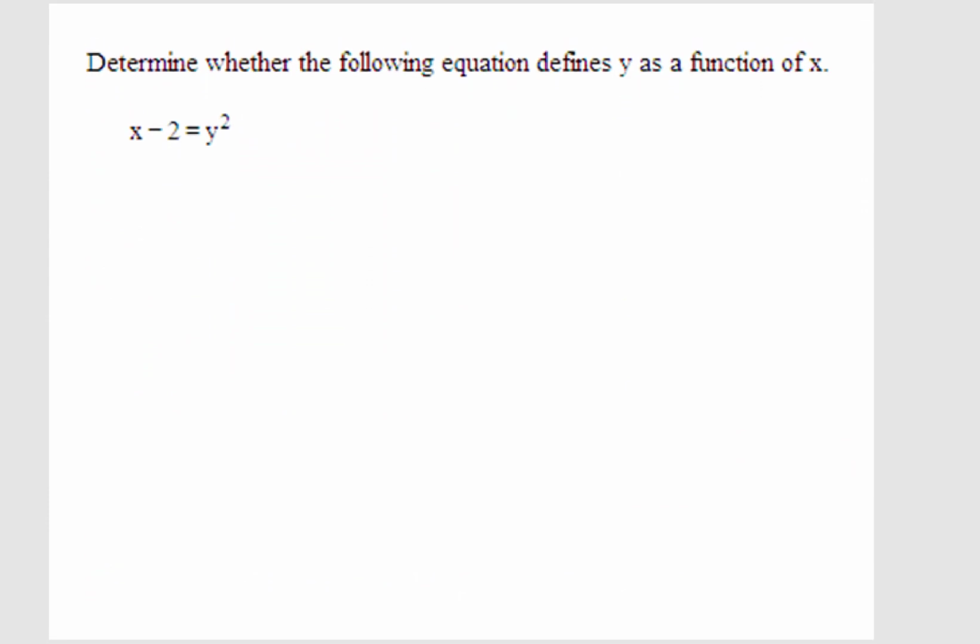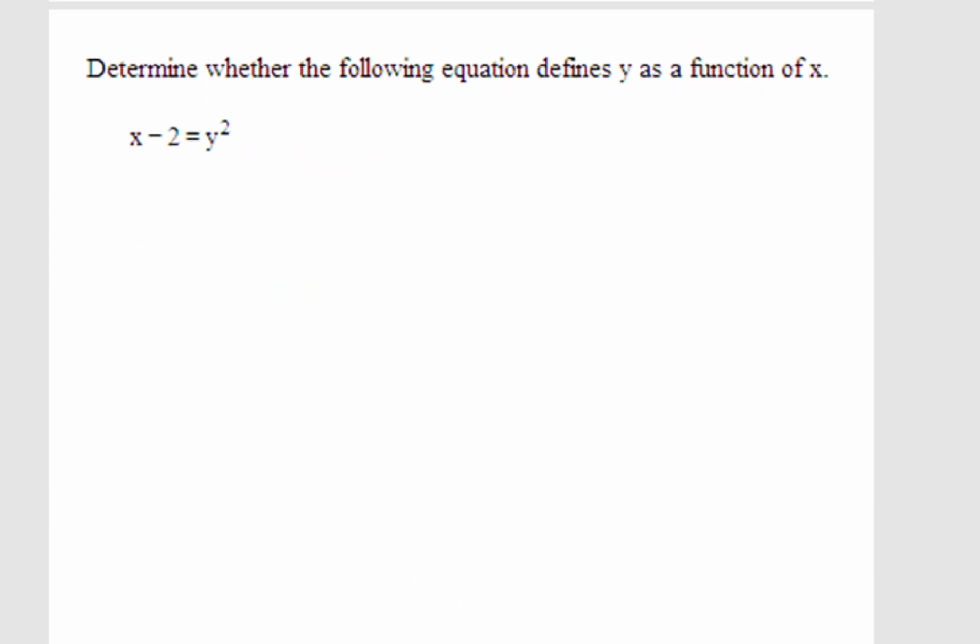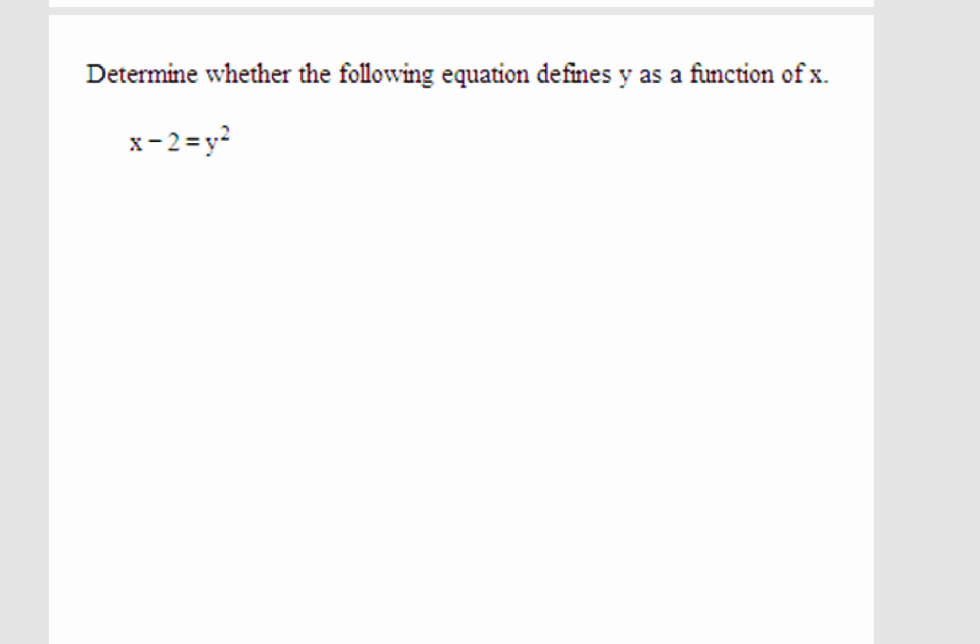Okay? They say determine whether the following equation defines y as a function of x. So remember that our simplified definition of a function is that every single x has only one y value, right? So let's go ahead and choose an x and plug it in and see if only one y comes out. So we're going to choose 11 for our x. And let's solve for y.